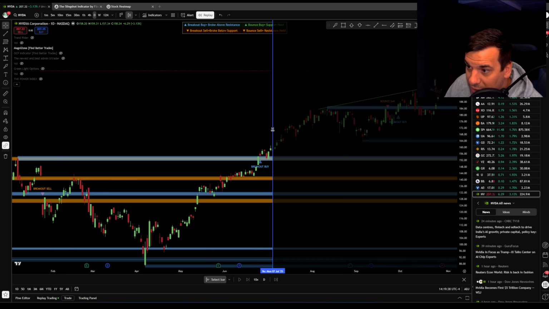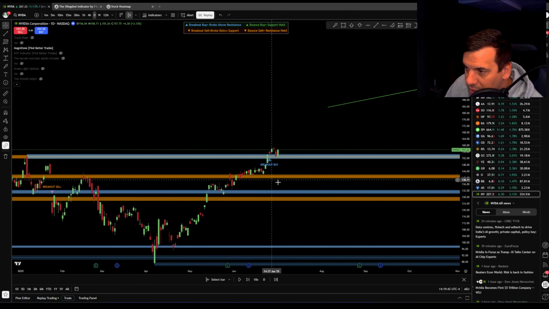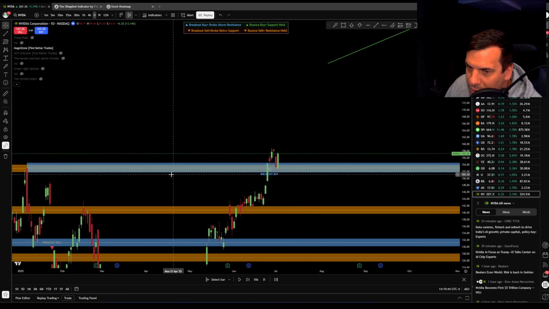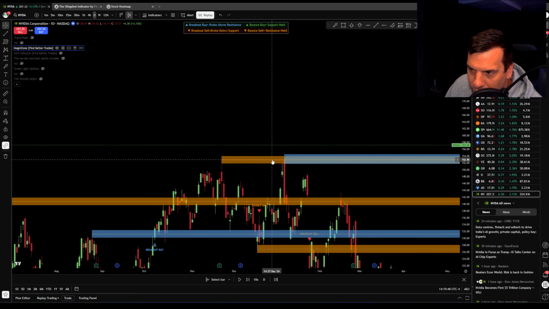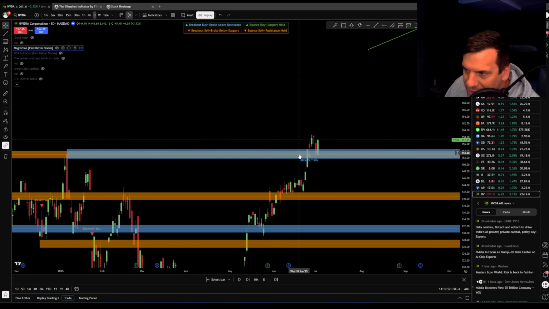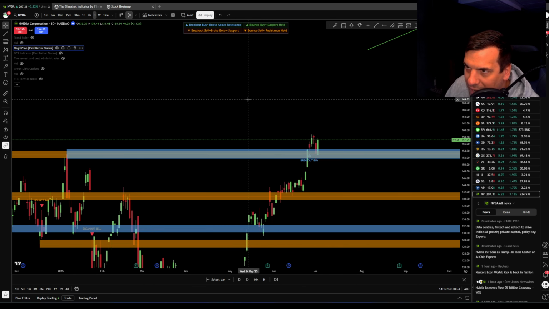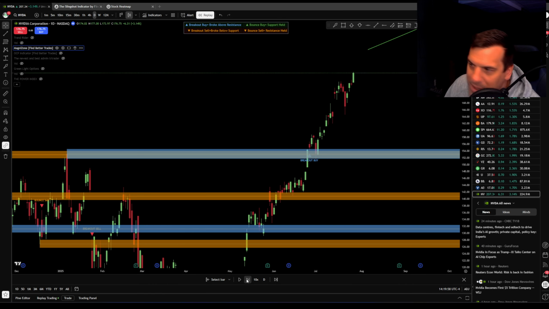So let's just say when we did break that, look at all of the zones. There was one, two, was there three? Okay, there was two converging zones pretty much in the same area. And when we broke that out, man, what a crazy breakout that was.